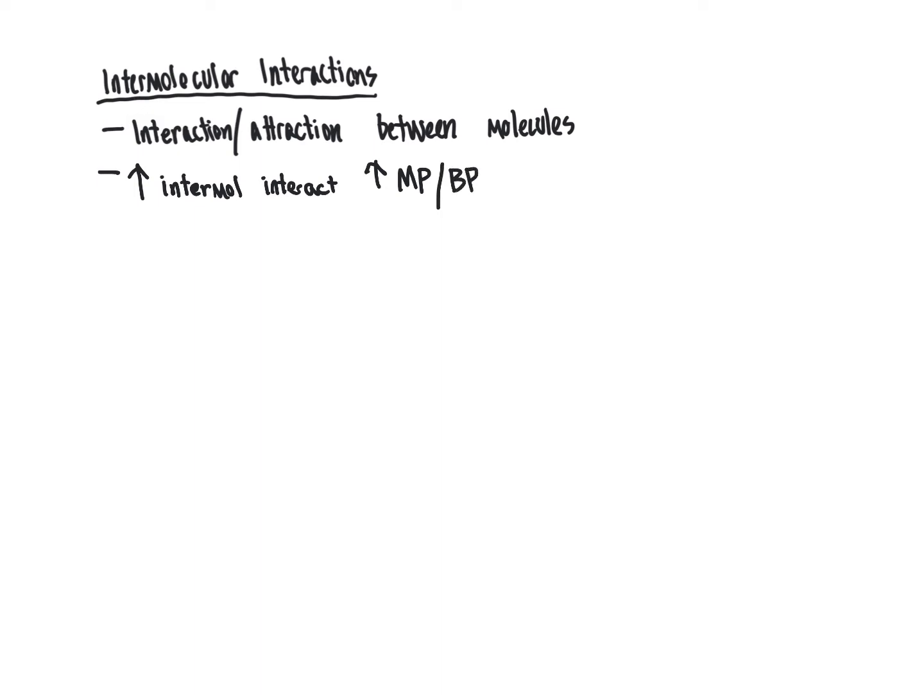And the reason why this is the case is because melting and boiling require disruption of the intermolecular interaction. And so the stronger the intermolecular interaction is, in other words, the more difficult it is to disrupt, the higher the melting point and boiling point will be, since boiling and melting require disrupting the intermolecular interaction.